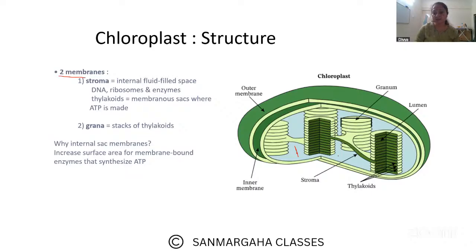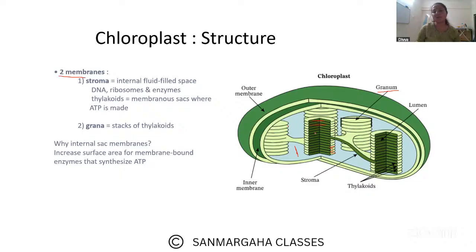And these structures are called thylakoids. Thylakoids are placed one on the other like a stack of coins, and this is called granum. This is where ATP is made. Why are there many stacks?